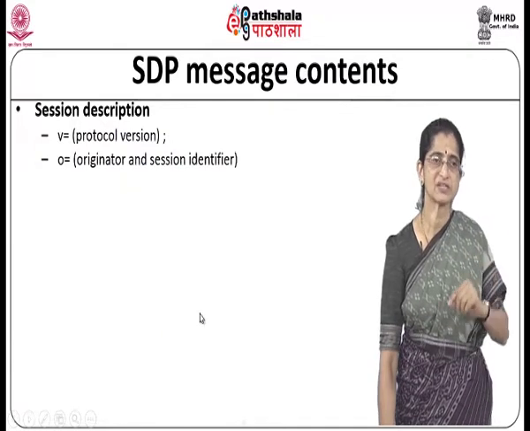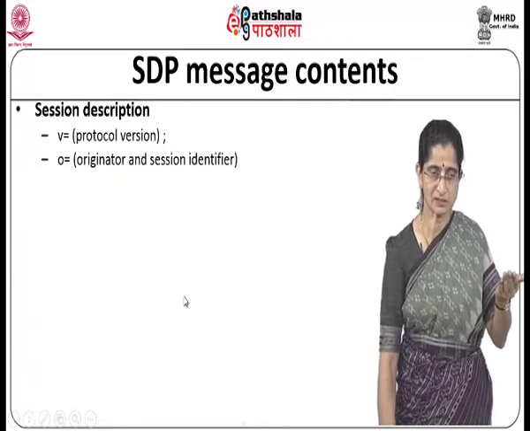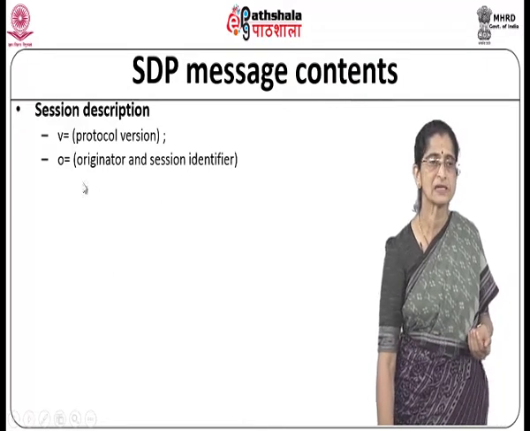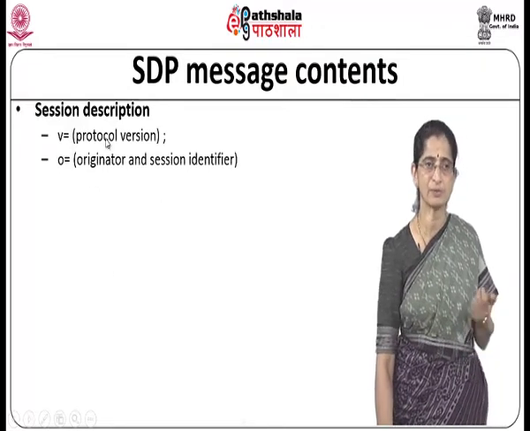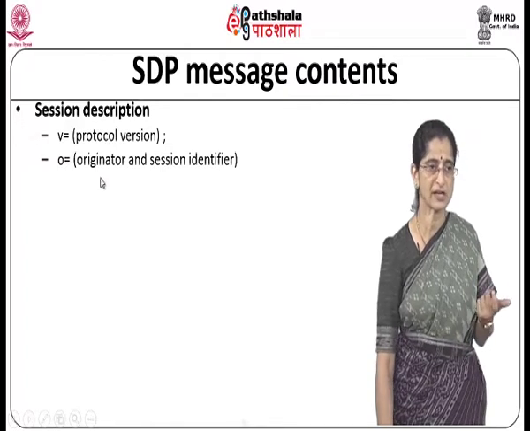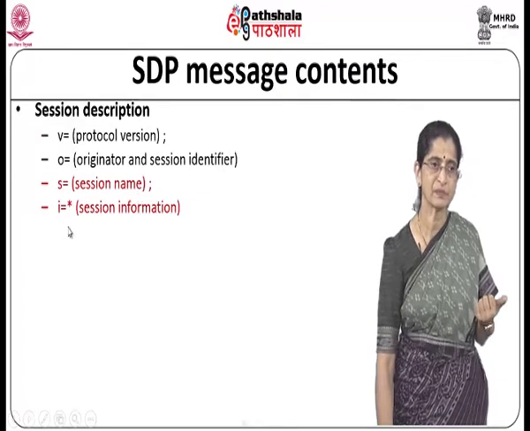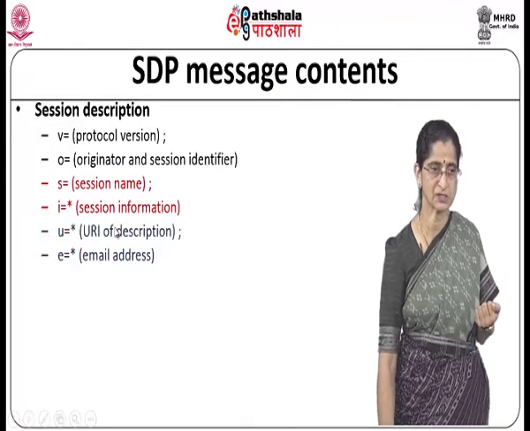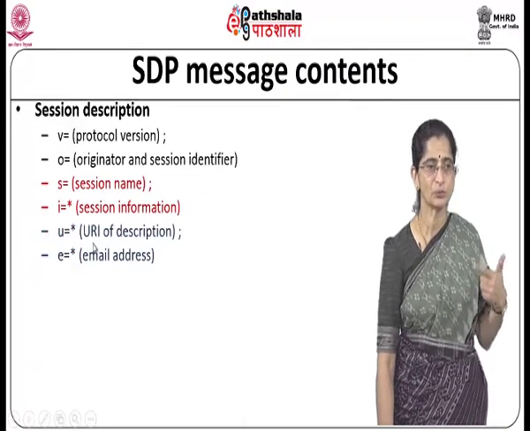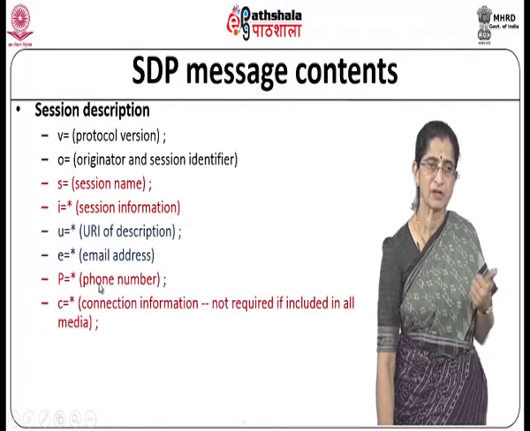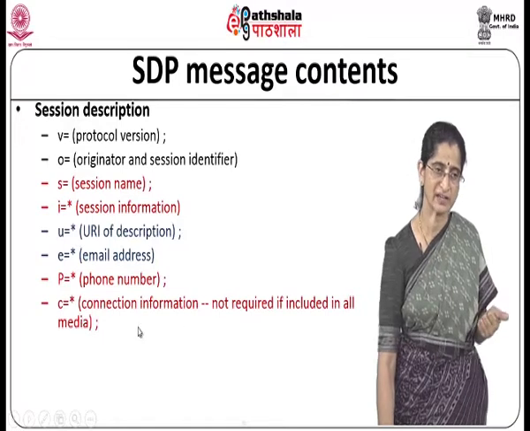If you look at the message contents, the session description consists of these different fields. You have a V field which indicates the protocol version, O which indicates originator and session identifier, S stands for session name, I gives you some session information, U gives you the URI of the description, E gives you the email address, P gives you the phone number, and C gives you connection information.